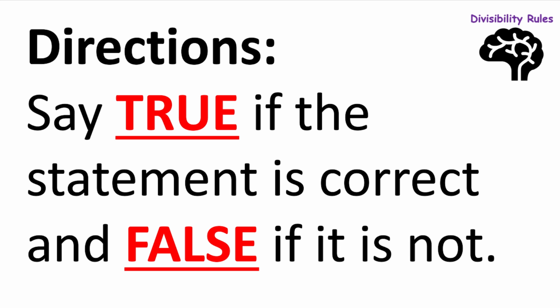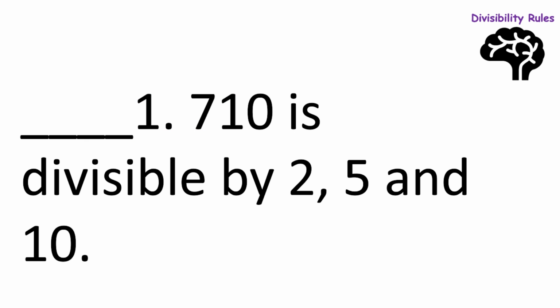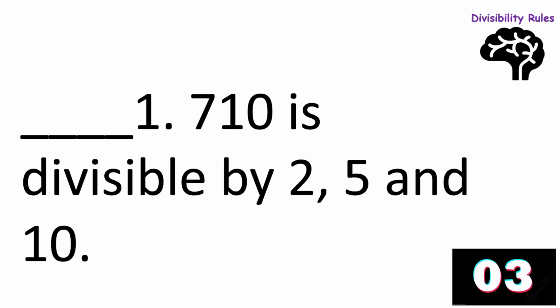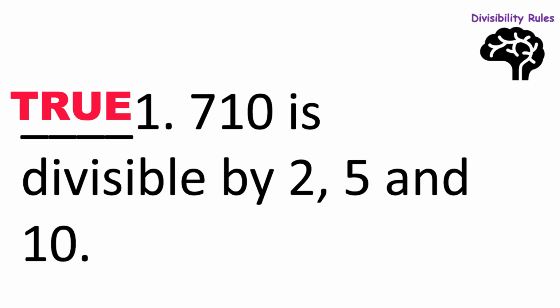Say true if the statement is correct and false if it is not. Are you ready? Number 1. 710 is divisible by 2, 5, and 10. This statement is true.